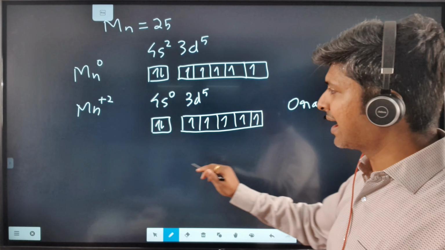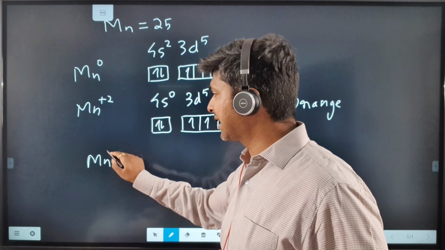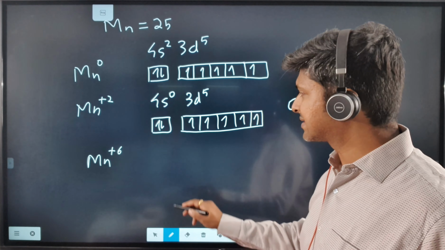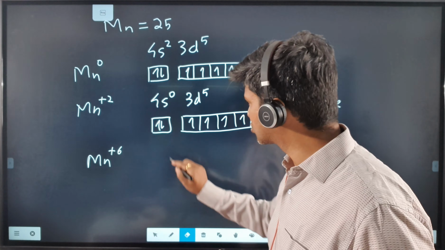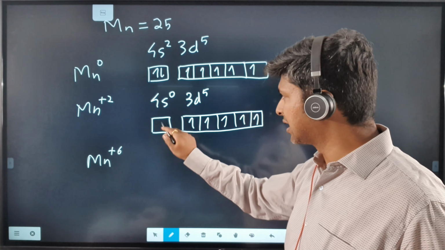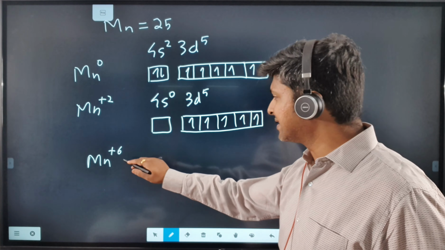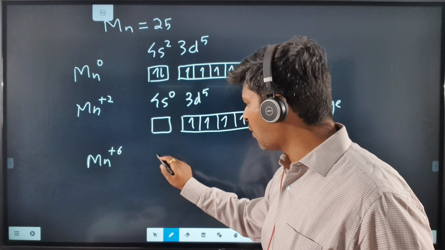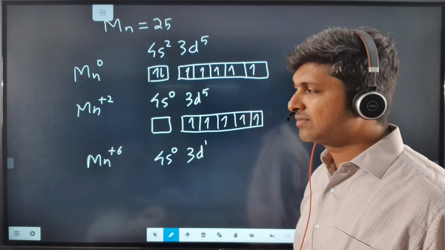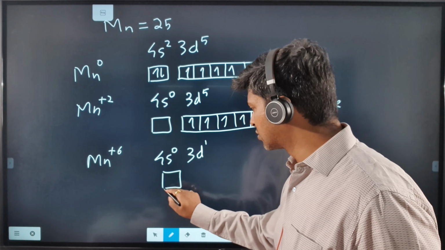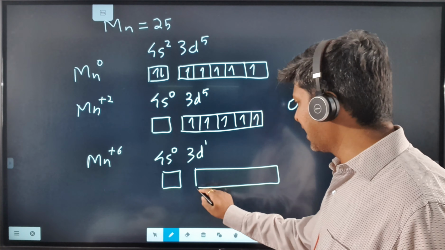With that same manganese further losing electrons, it became +6, meaning it lost a total of 6 electrons. Here 4s0, that means I'll have to show 0 over here. For Mn6+, it will lose all electrons except for 1, so we'll have just 3d1 left, 4s0 and 3d1.